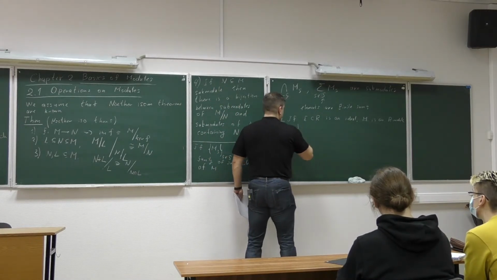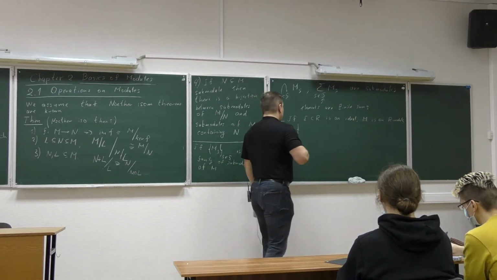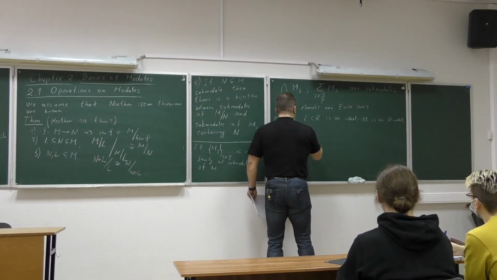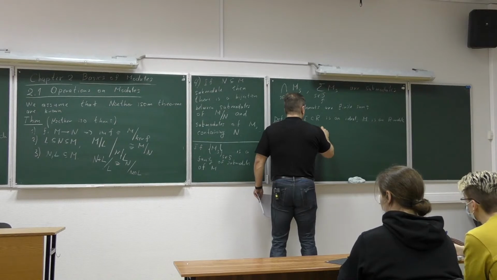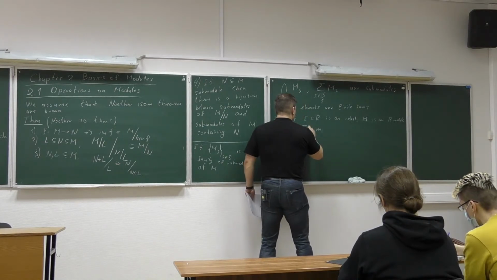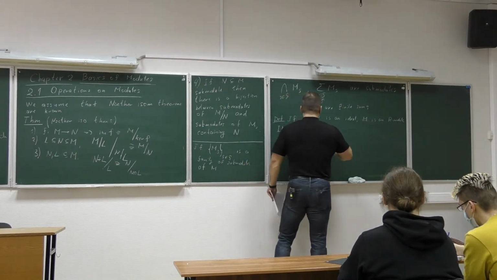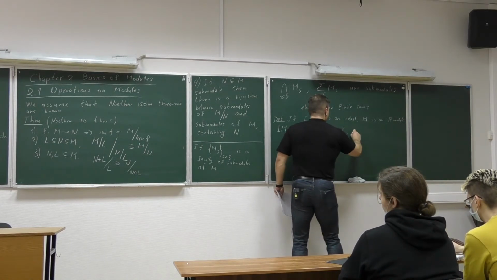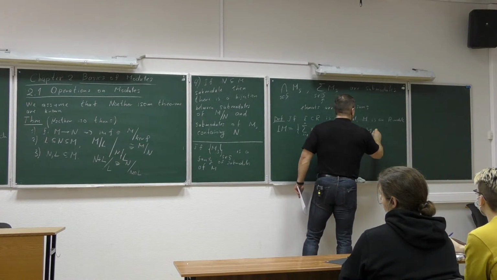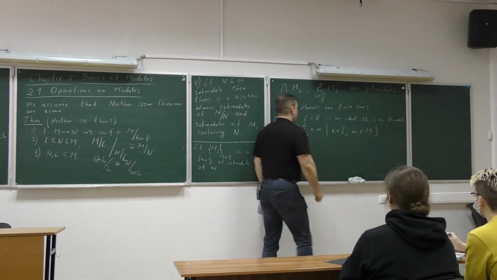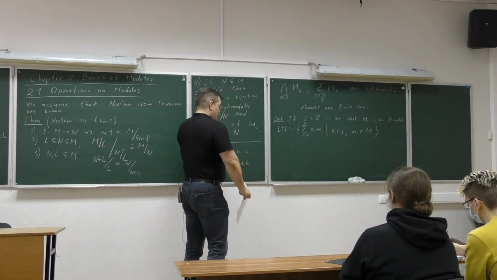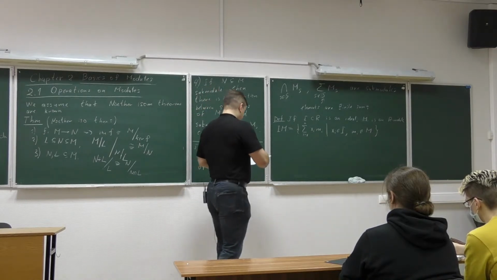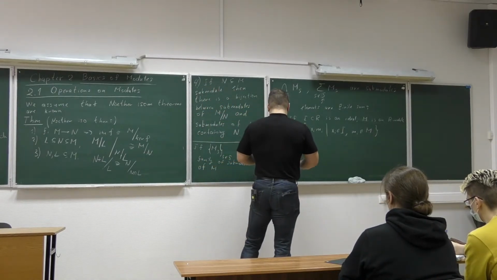And by definition, this is again the set of all finite sums, sum of x_i m_i, i running between 1 and n, such that x_i are all elements in the ideal, and m_i are all elements in the module.